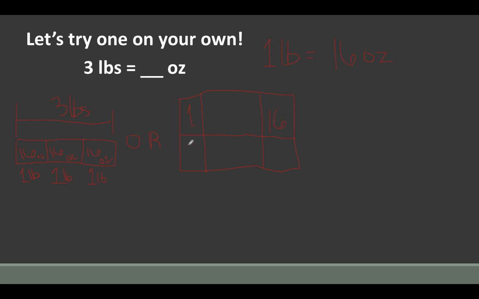And we need to find how many ounces 3 pounds is. Well, if we know that 1 turning into 16, we're going to have to multiply by 16. That means we need to do the same here.